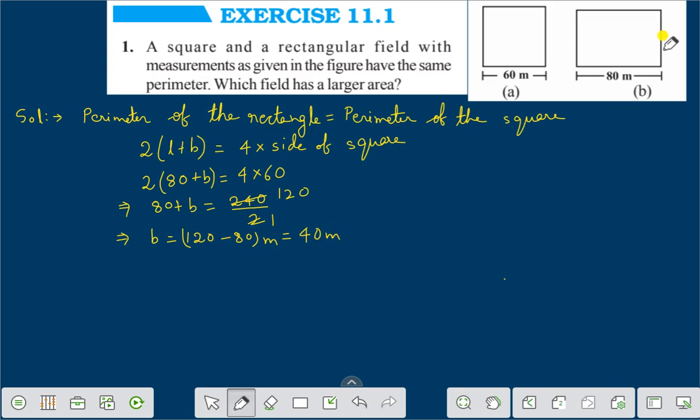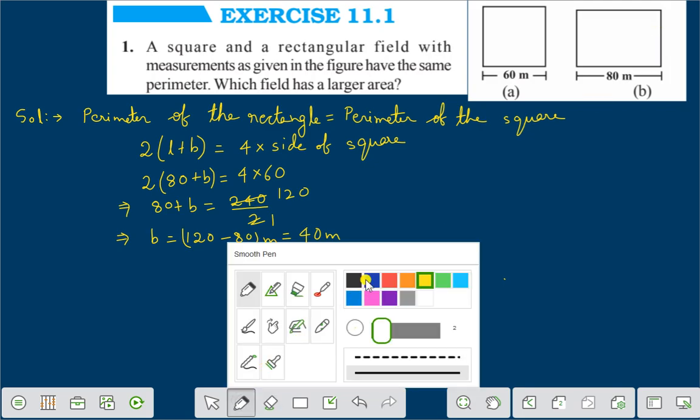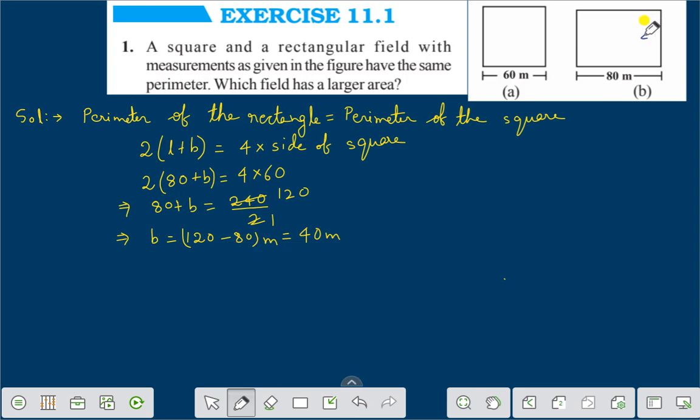So we find that the breadth of this rectangle is 40 meter, right? We got the breadth as 40 meter.